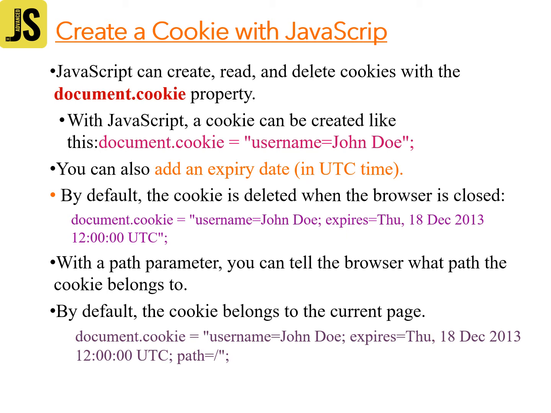So we can set it like this: document.cookie = "username=John; expires=Thursday, 18 December 2013 12:00:00 UTC; path=/", where path equal to slash means the current page.